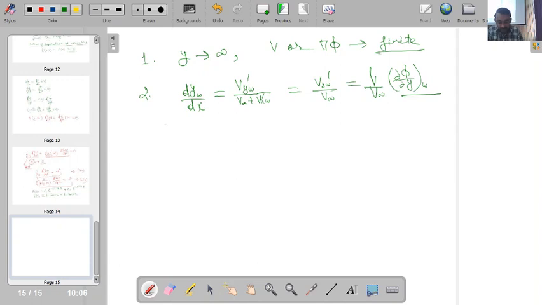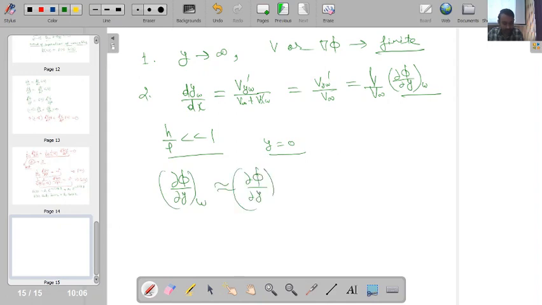So when h by L is very small compared to 1, that is, the amplitude of the wave is very small, then I can say that my wall is almost at y equal to 0. So I can make the assumption that del phi by del y at the wall can be calculated as nearly equal to del phi by del y at y equal to 0.